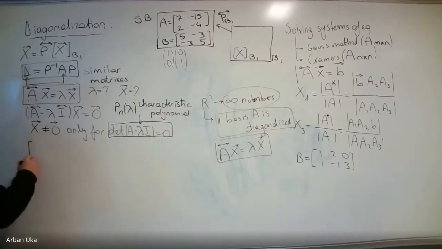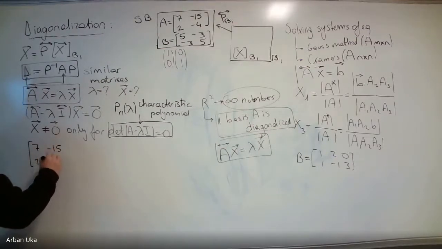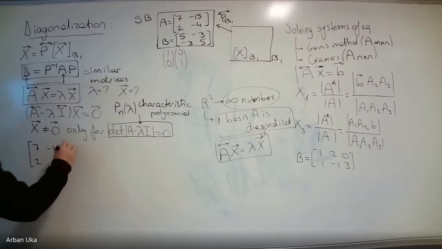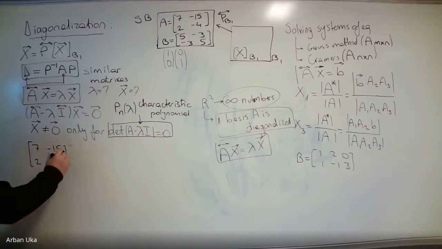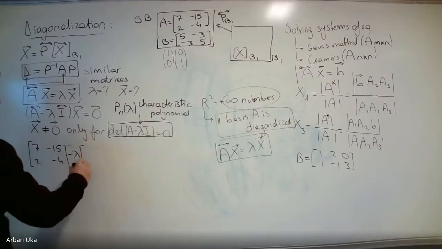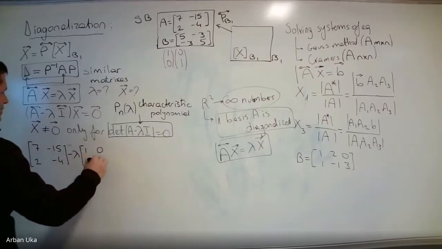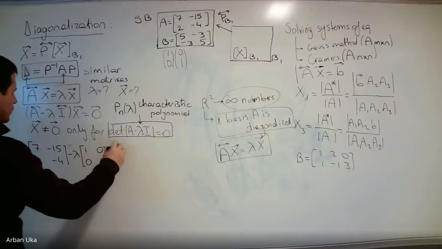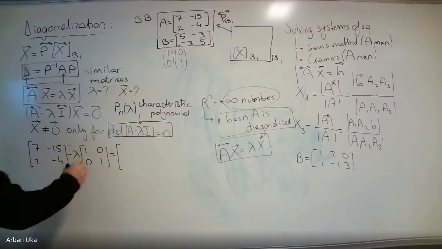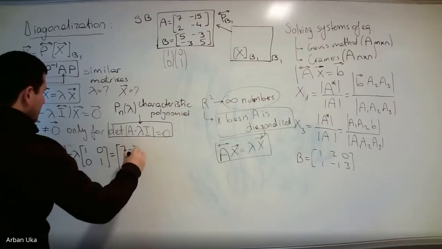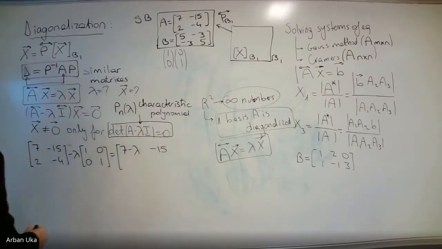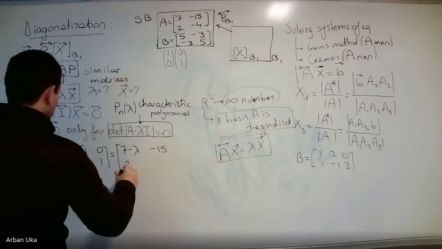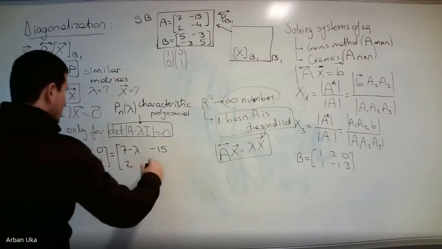The matrix A, in this case, is 7, 2, minus 15, minus 4. And then we have to take minus lambda times the identity, which is 1, 0, 0, 1. This would be equal to 7 minus lambda, minus 15, 2, and minus 4 minus lambda.